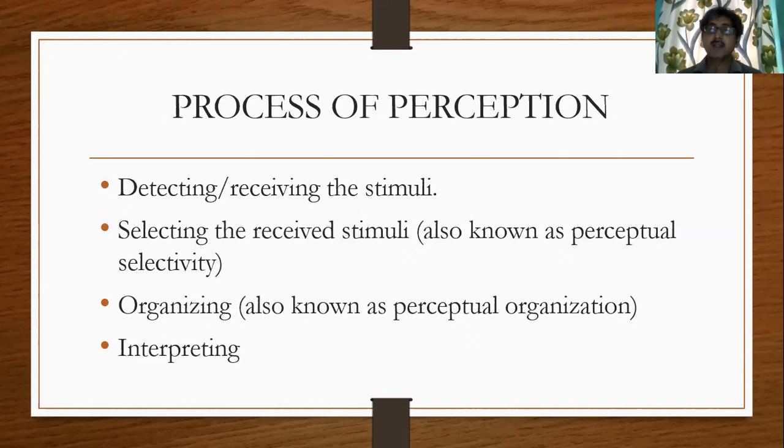Now it is his perception how he will look at that particular stimulus. At that point of time, the parameter on the basis of which he will judge that heat will be the intensity of the heat.